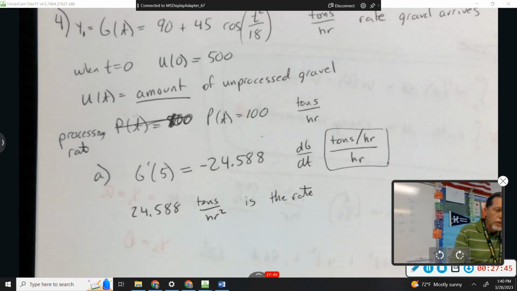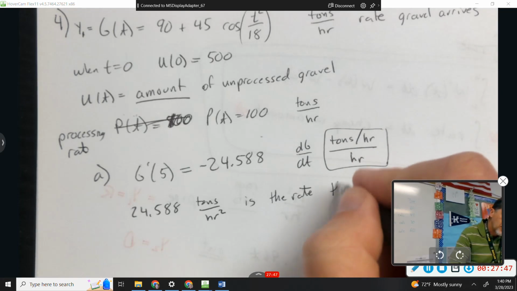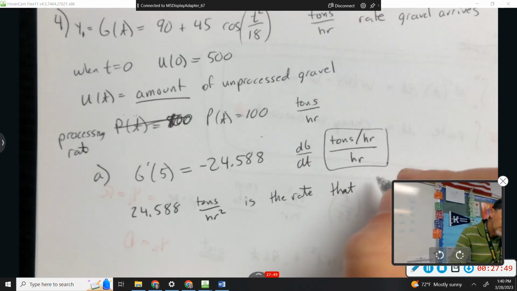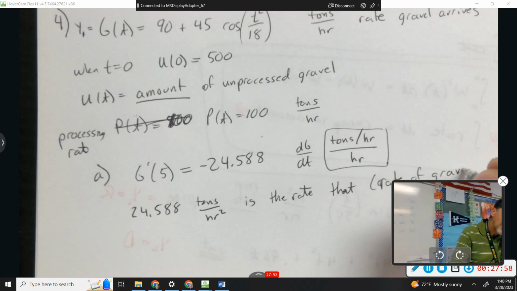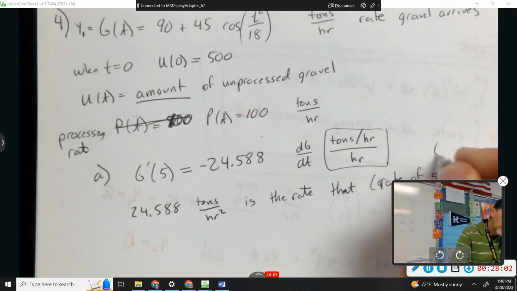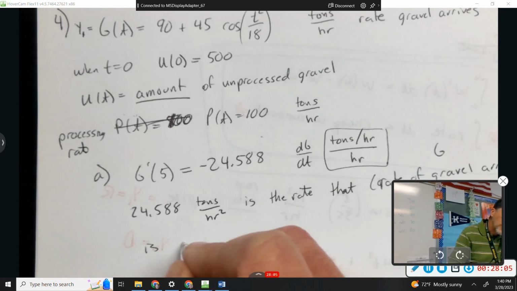So I want the rate of a rate. It is the rate that the rate of gravel arriving, G, is decreasing.